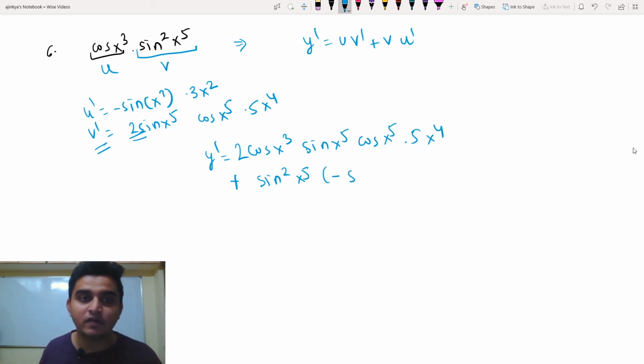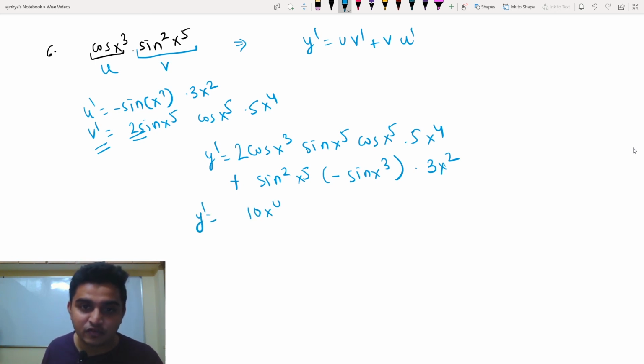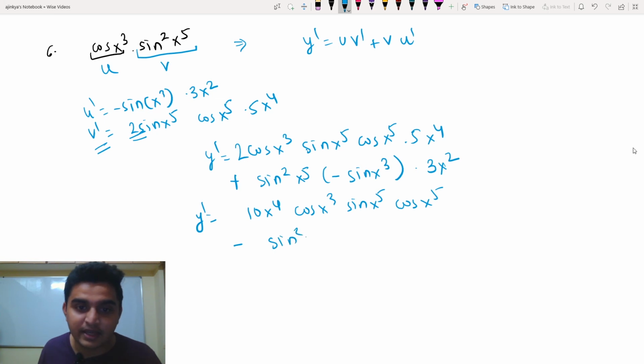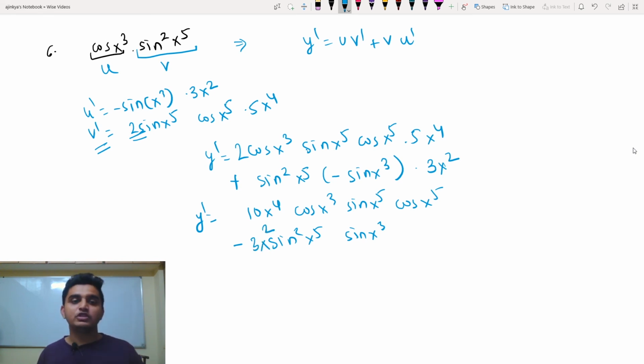It is negative of sine of x cube times 3 times x square. So you can simplify this further, and your final answer is 10x raised to 4 cos of x cube sine of x raised to 5 times cos of x raised to 5. You can further simplify this, but we are not going to do it. We are just going to leave it as it is, minus sine square x raised to 5 sine of x cube times 3x squared. So this is your final answer.